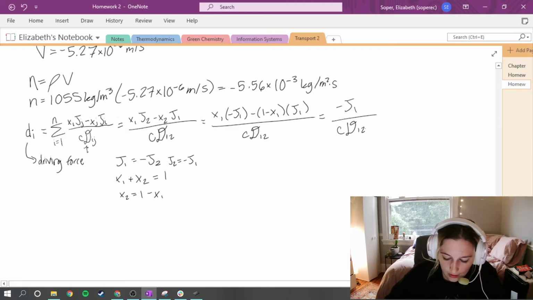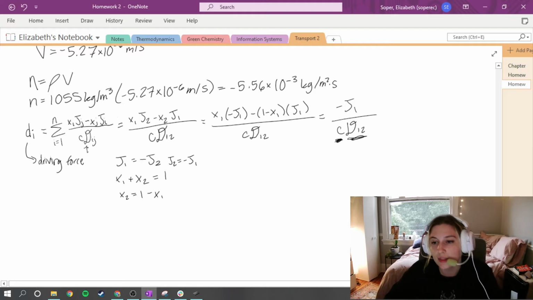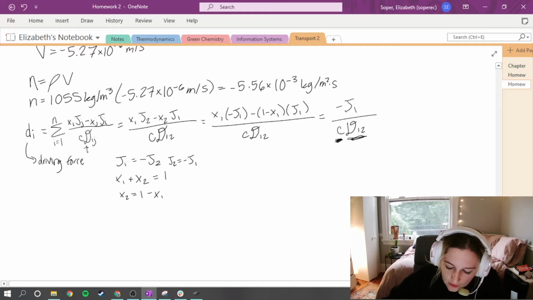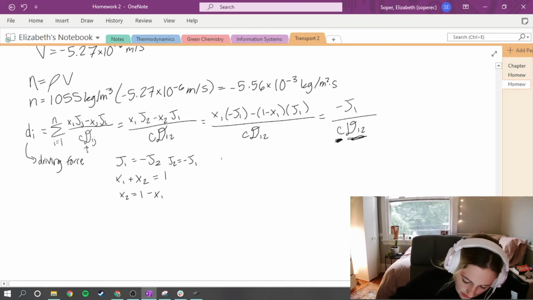So then, let me think for a second. Okay, great. So now we have it simplified down. So really all we need to do is find the concentration and what the Stefan-Maxwell diffusivity is. The Stefan-Maxwell diffusivity is the simple one because this is an ideal system.